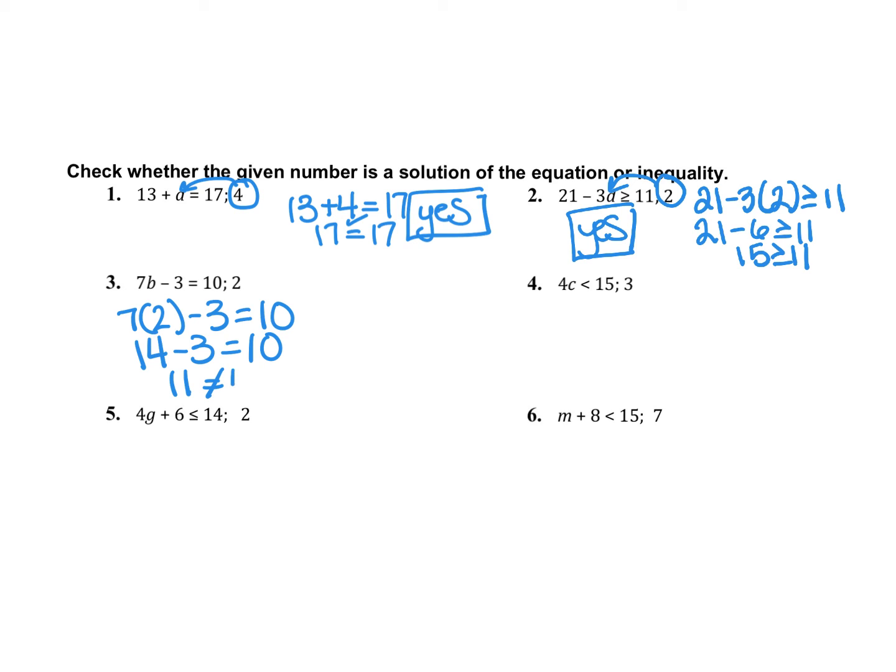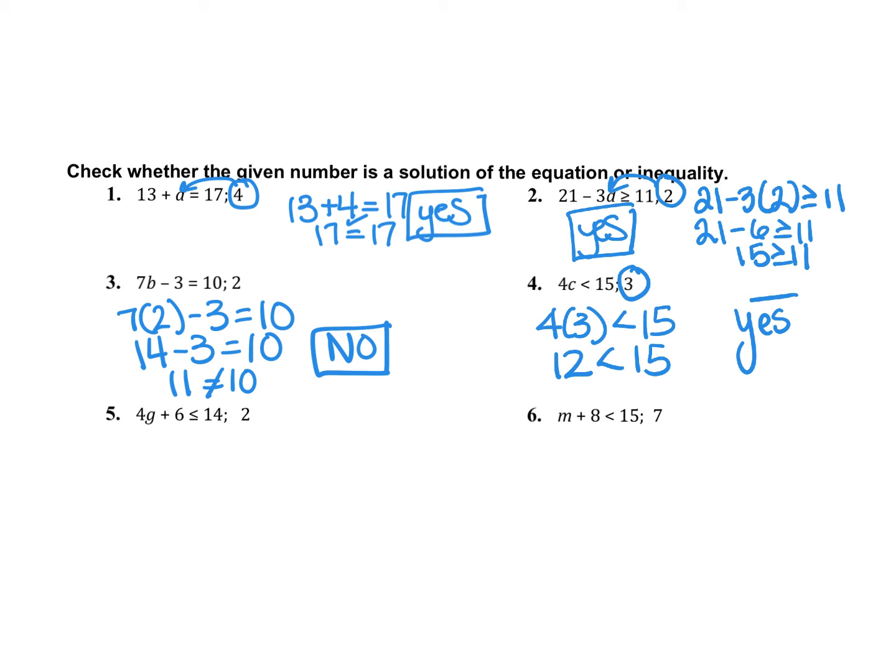And well, that's not equal to 10, so that is going to be a no. All right, 4c is less than 15, so let's plug in the 3. Is 4 times 3 less than 15? Well, 4 times 3 is 12, and 12 is less than 15. And so because 12 is less than 15, yes, this is going to be a solution.